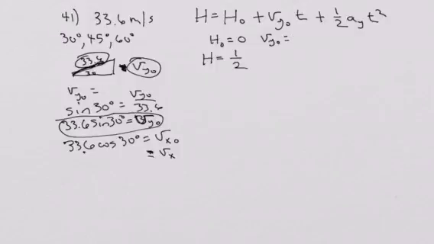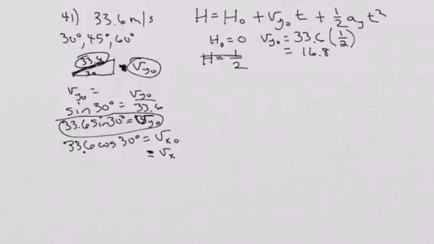It's equal to 33.6 times the sine of 30 degrees. I'm going to not be an idiot and say that sine of 30 degrees equals 1/2. And so v sub y o equals 16.8.